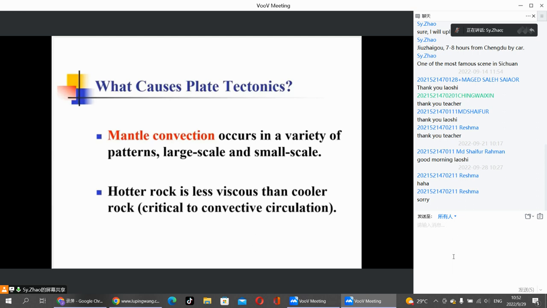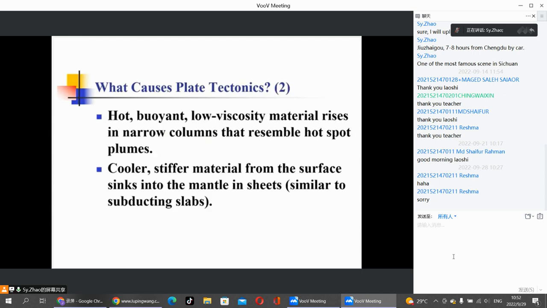Hotter rock is less viscous than cooler rock, which is critical to convection circulation. Hot, buoyant, low viscosity material rises in narrow columns that resemble hotspot plumes. Cooler, stiffer material from the surface sinks into the mantle in sheets, which is similar to subduction slabs.